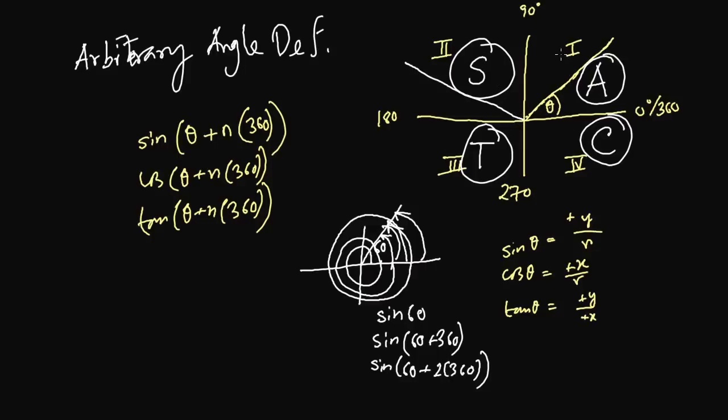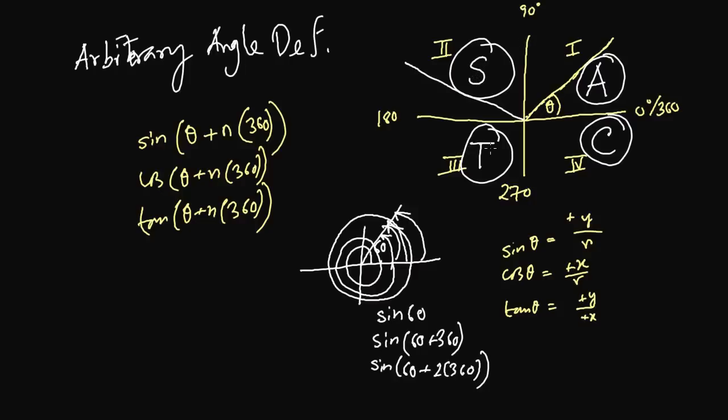We call this the first quadrant, the second quadrant, the third quadrant, the fourth quadrant. In the first quadrant, sine, cos, tan, all these things have positive values. In the second quadrant, only sine has a positive value, denoted by this S, but cos has a negative value and tan has a negative value. If you think about the x-axis and y-axis, then you can see why this is happening here.